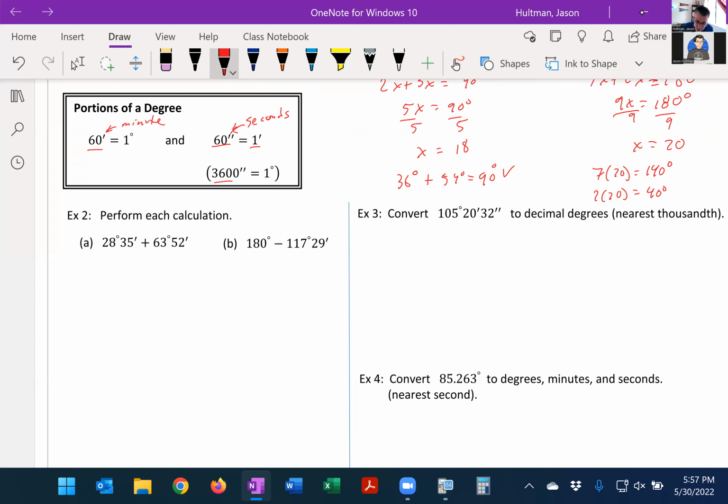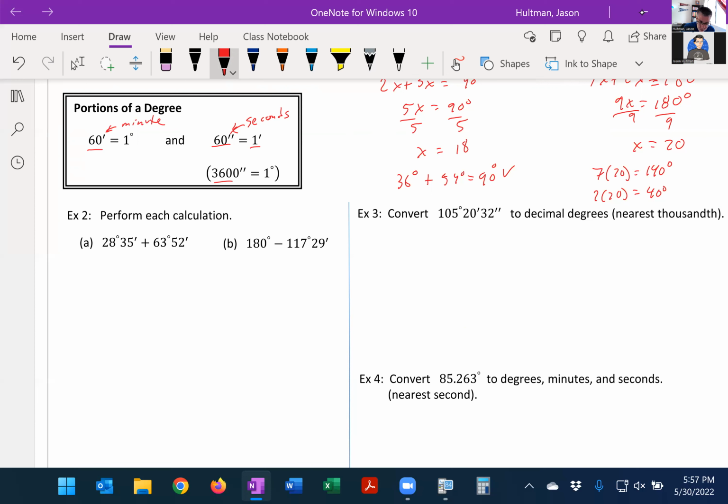So we want to add the minutes and the seconds. Keep in mind that 1 minute is 1/60th of a degree, so when we think about the minutes here, they're really in terms of 60s.